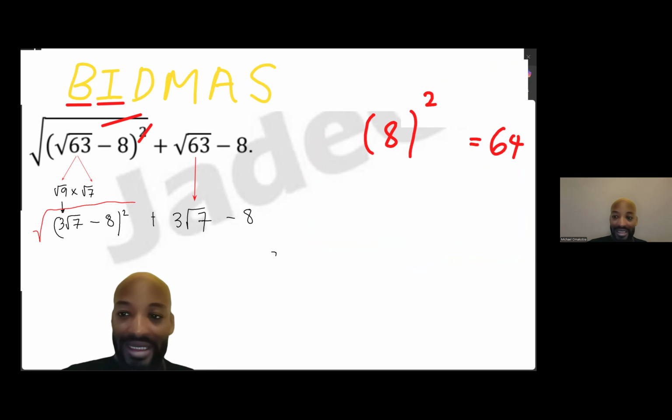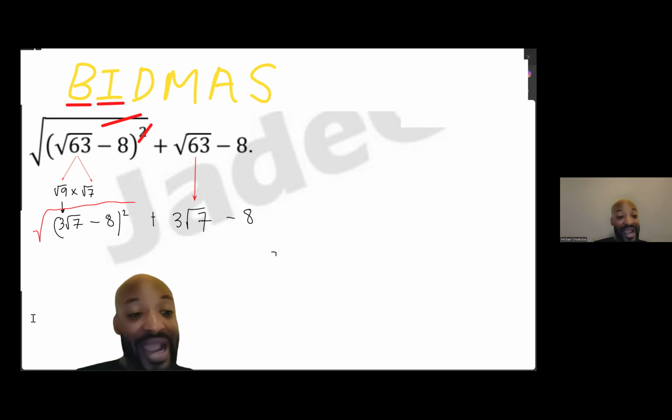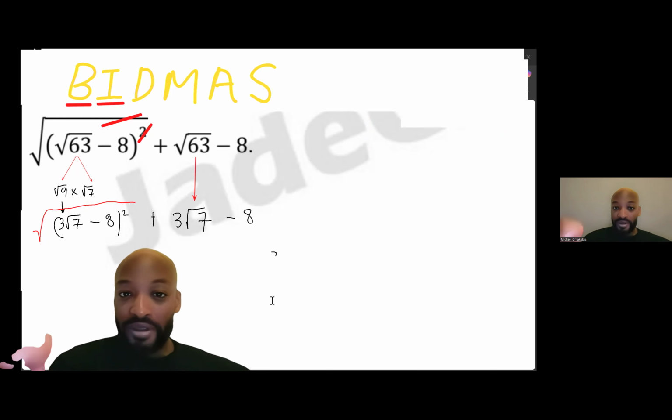So with that being said, I want us to understand that the squared term here is going to be cancelled out by the square root. So what does that mean?